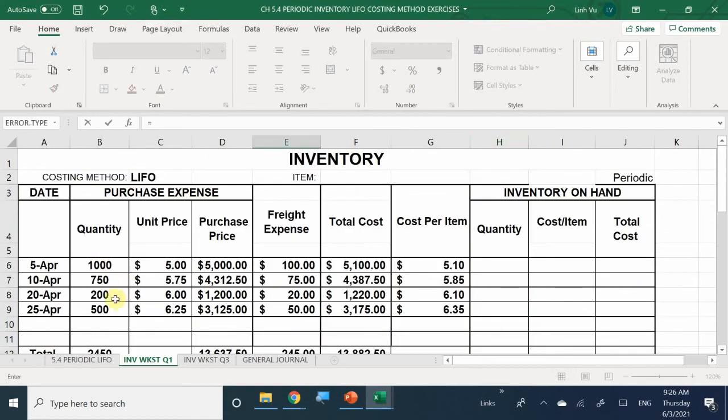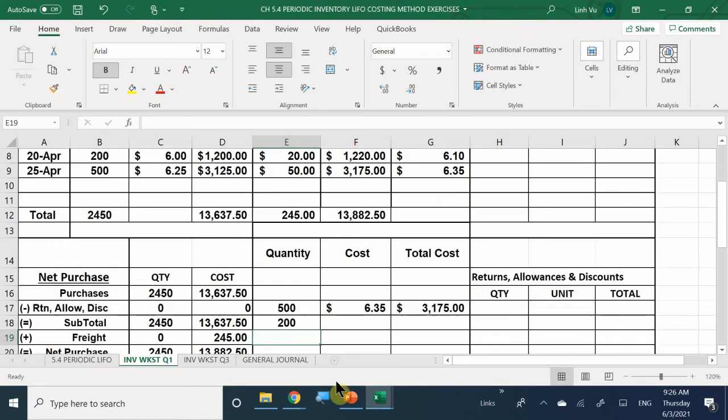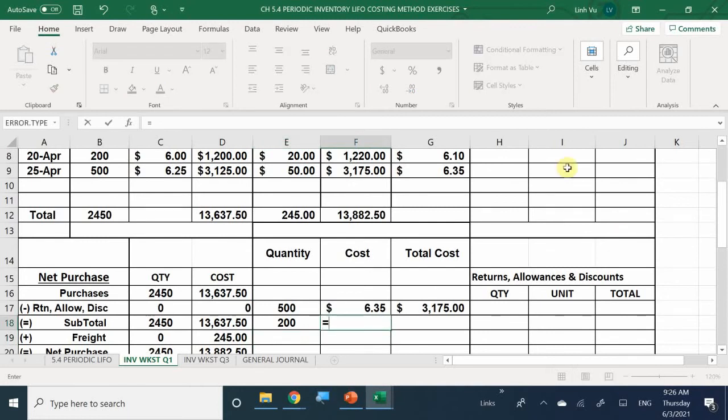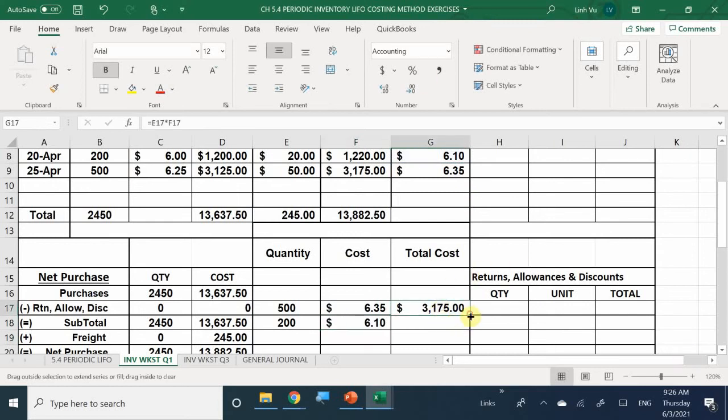I'm going to take all of it because I need to sell all of it. It cost me $6.10, which should give me a grand total of $1,220.